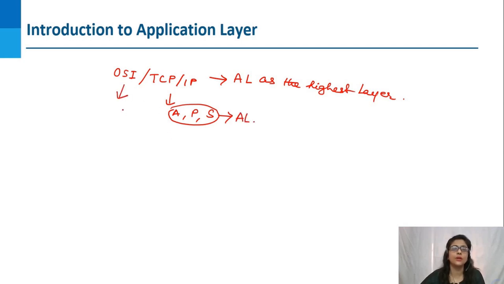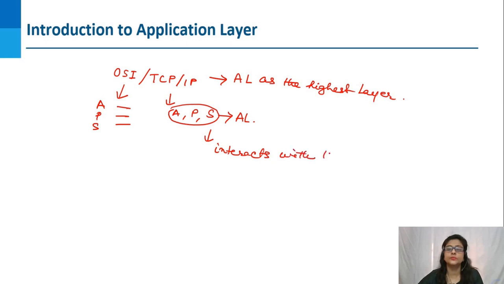And in the OSI model, we have the application layer, presentation layer, and the session layer separately. Now, the application layer is the layer which directly interacts with the user. So, all the user applications reside at this application layer.